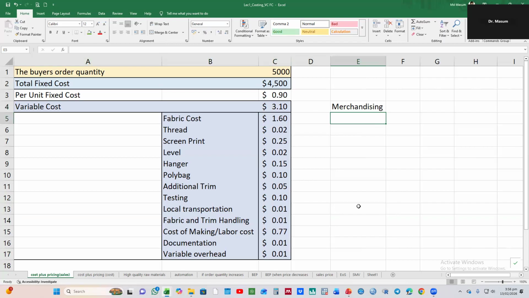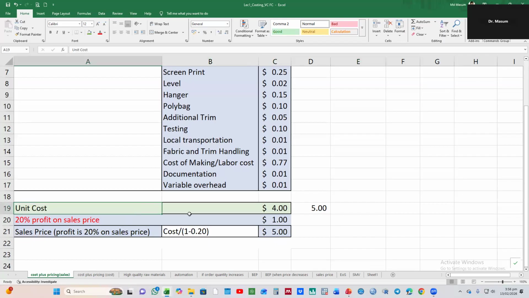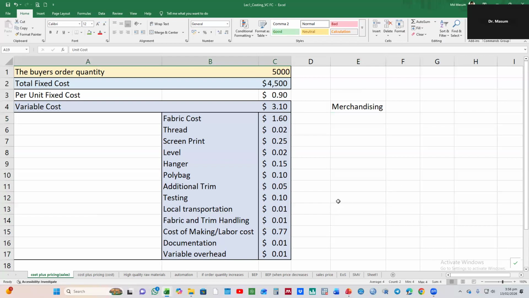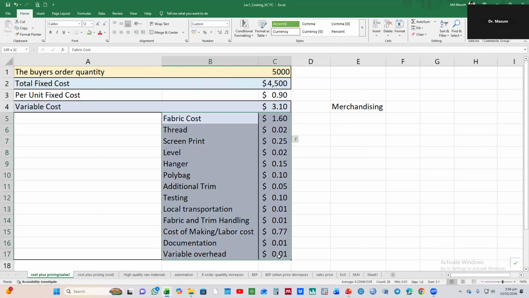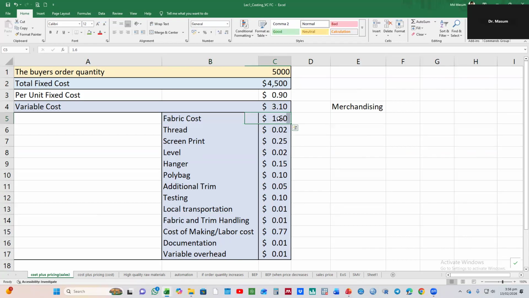And what is the price? When you go to the negotiation table, what price will you ask? Here you know your fixed cost, you know your variable cost. These variable costs come from the buyer, because he said this type of fabric is important, and after analyzing the fabric, you found that it will require $1.6 for fabric.